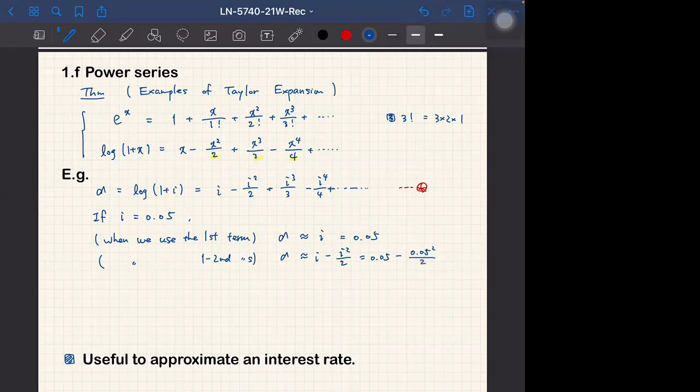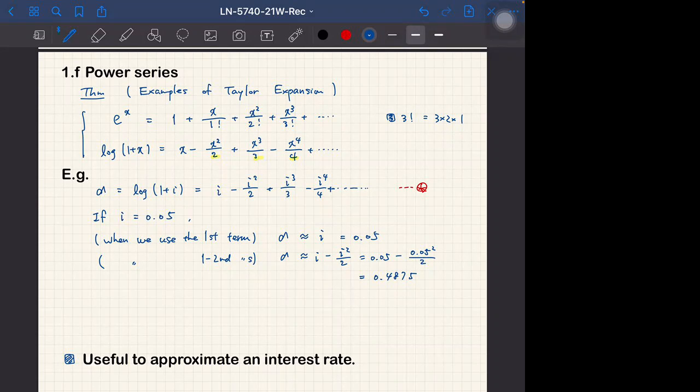So this is 0.05 minus 0.0025 divided by 2, and that is 0.00125. So this is equal to 0.04875, right?